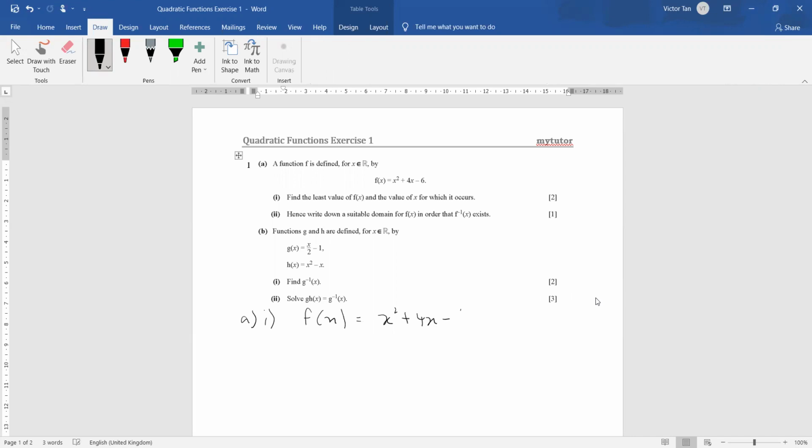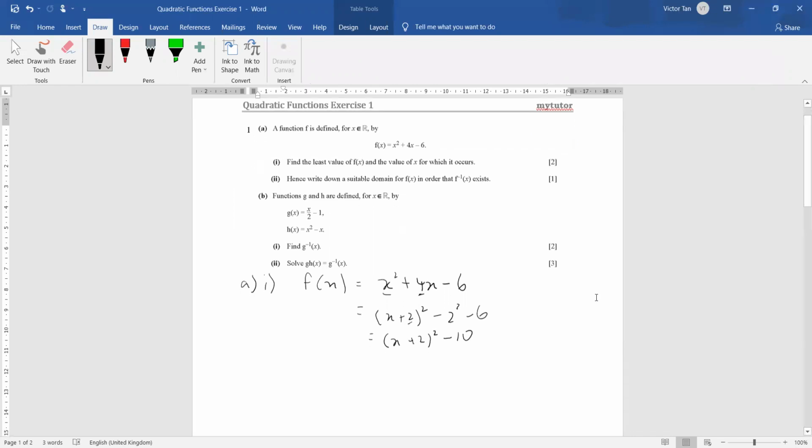x squared plus 4x minus 6. This coefficient, half of 4 is 2. Then minus this value 2 squared, minus 6. So it becomes (x plus 2) squared minus 10.